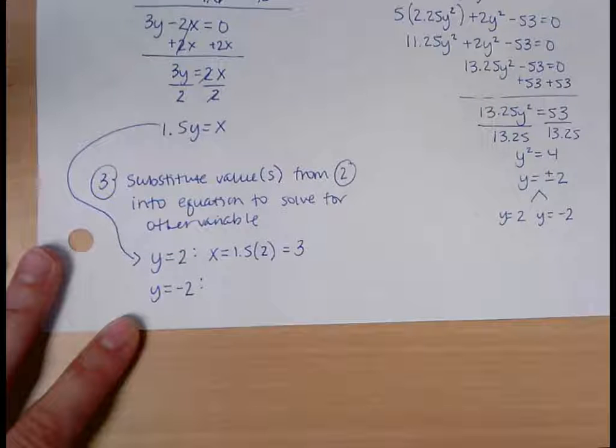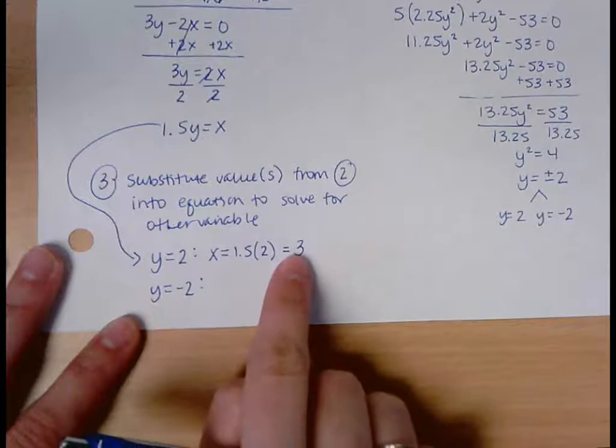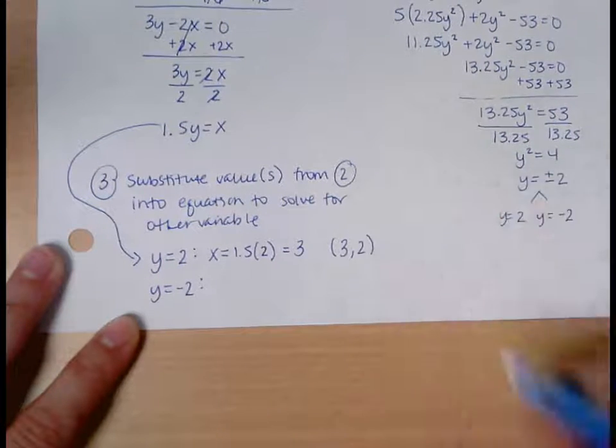What form did we write the solutions in? Anyone remember? Okay, your solutions are representing where the 2 graphs intersect. They're intersecting at ordered pairs. So your answers should be written as ordered pairs. So since when y is positive 2, x is positive 3, that's the ordered pair 3, 2.